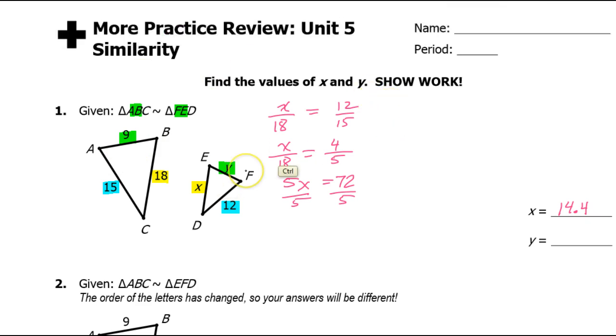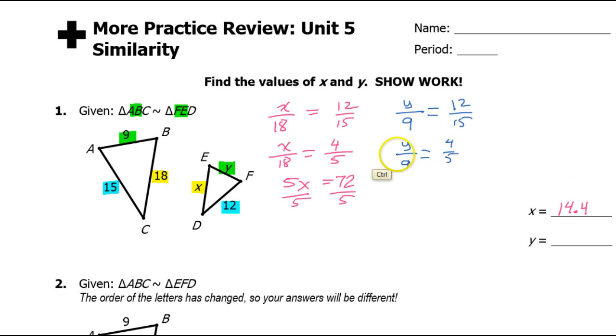Okay, so I will make a fraction out of the greens. So I will go y over 9. And then I'm going to go back to the blues here. So this will be 12 over 15 again. Okay, great. So y over 9 should equal 4 over 5.